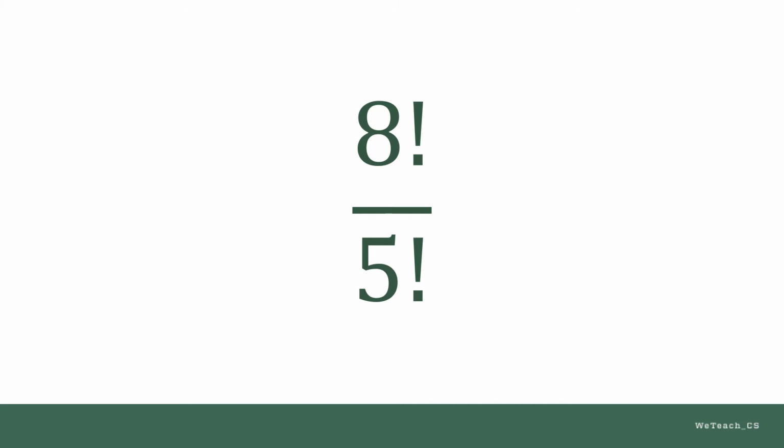To do this, we first take 8 factorial divided by 5 factorial. Why 5 factorial? Because we have to limit our calculated possibilities to only those that involve ordering 3 out of 8 swimmers. That means we want to ignore the 5 swimmers in this case who won't be receiving any medals.